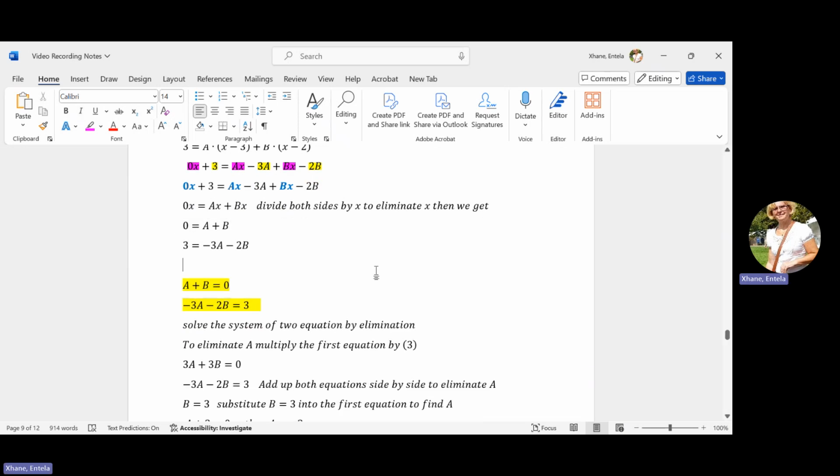Now, what this does is allow me to solve a system of equations, which is in yellow. You can solve it by substitution. You can solve it by elimination. If I solve by elimination, then I can eliminate variable a if I multiply my top equation by 3, because I notice that I have a negative 3a at the bottom. So I need a positive 3a on the top, so I can cancel them out. So I multiply both sides by 3.